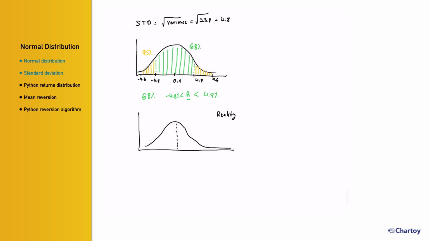Which means that in this case you have many more results on the right side of the average than on the left. It's asymmetrical. Essentially it means that our stock went up more than it went down, because we have more density of results on the right side, which is the positive side, than on the left side. So let's see all of this in code.